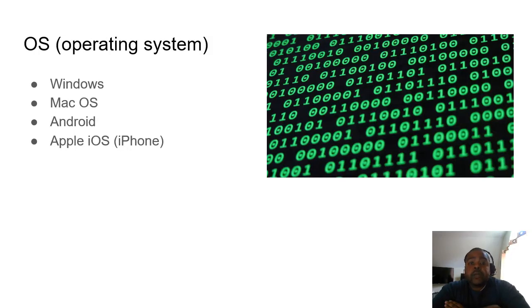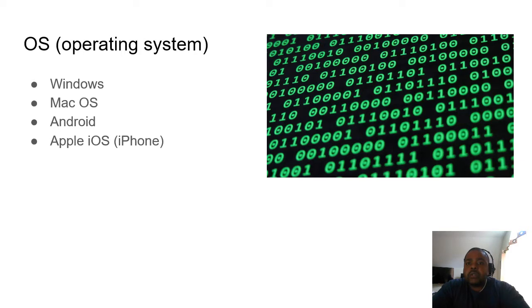So now that we know that we have a CPU and we have a motherboard, we have the brains of our PC, we need to understand how our PC communicates with the user. How does it communicate with you? And to know how computers communicate with each other, look at the picture that's laid out here on this slide.